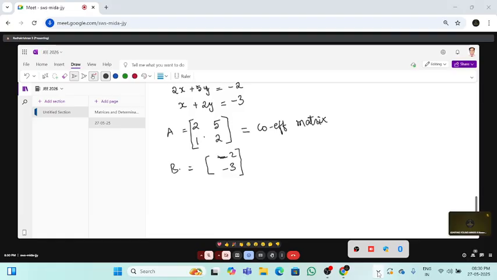Now the given set of equations can be written. Let X equal to x, y.